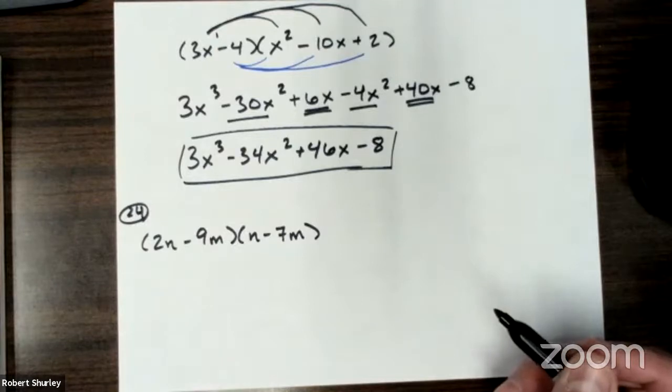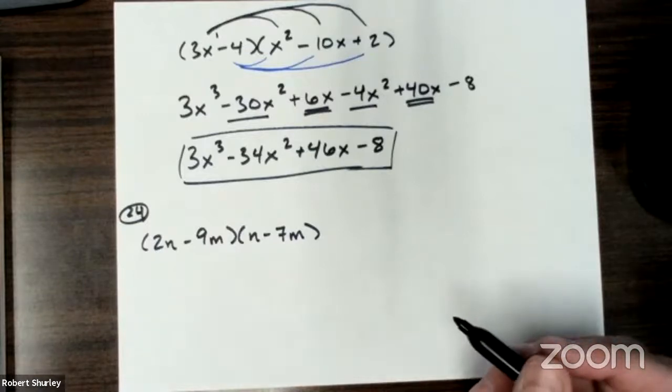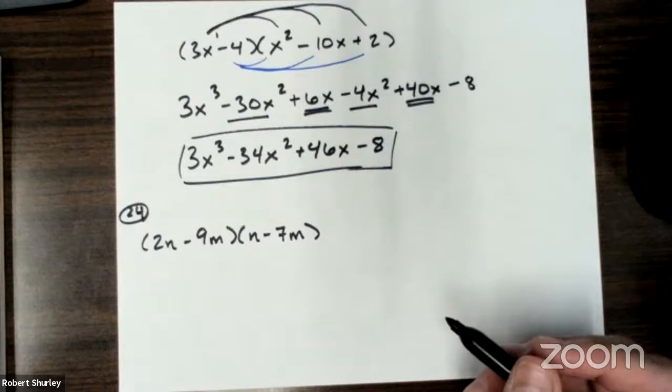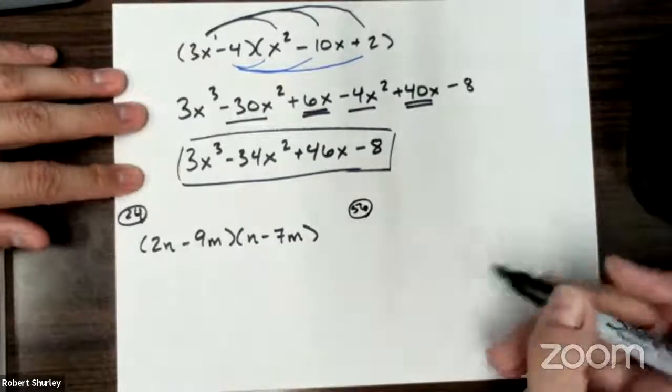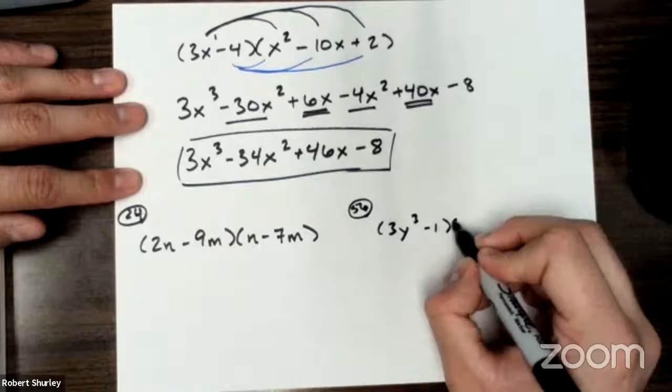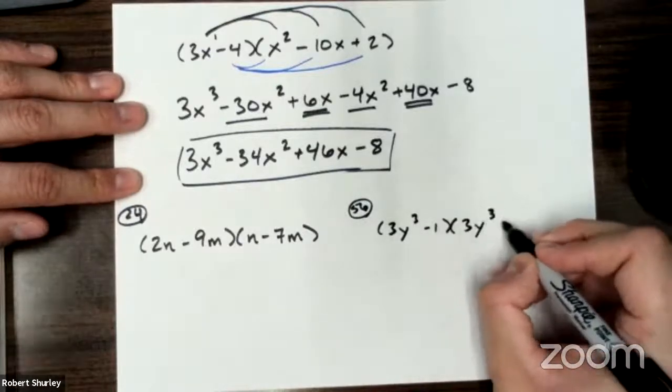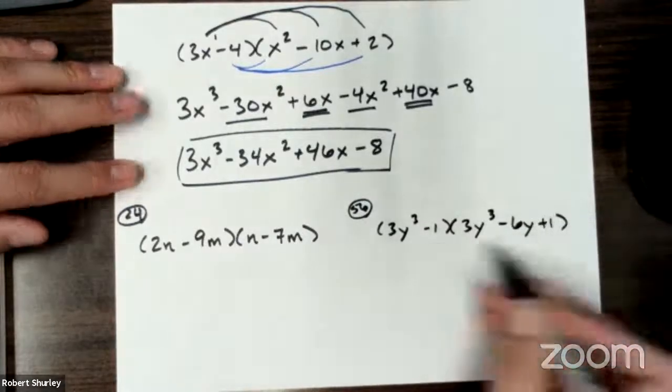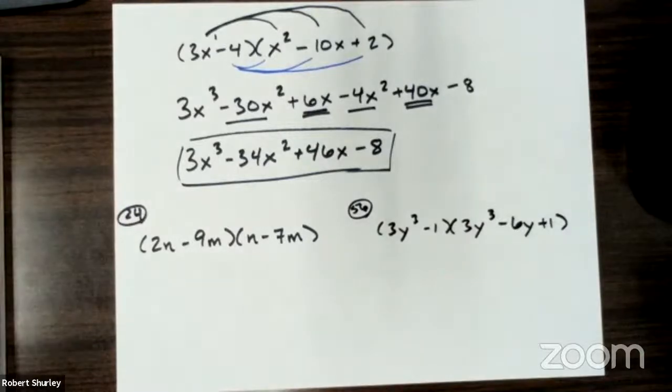Number 56 says 3y cubed minus 1 times 3y cubed minus 6y plus 1. So try those two. I'm going to give you just a minute. I've got to get some water. I'll be right back. Try those two while I'm getting some water.